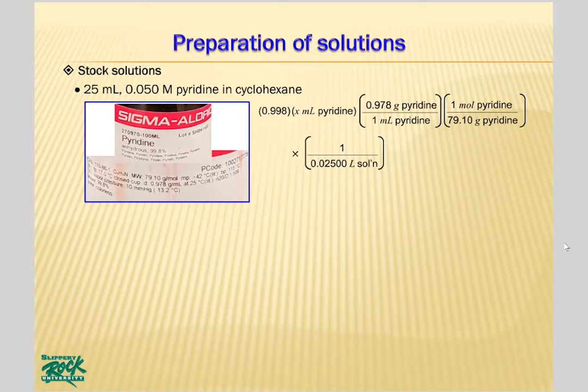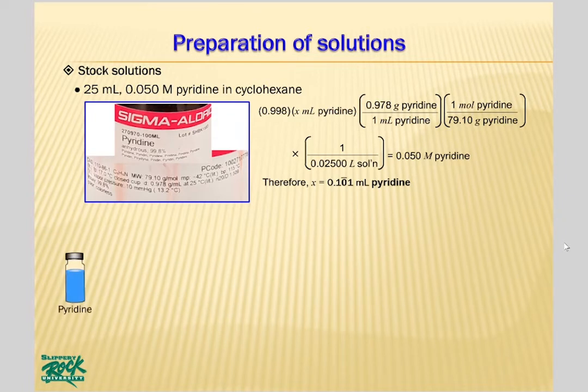This should be equal to 0.050 molar. Units, milliliters, and grams are cancelled, and moles over liter remains, which is equivalent to molar. Solve the equation for X, and it is 0.101 milliliters. The little bar on top of 0 represents the last significant number.